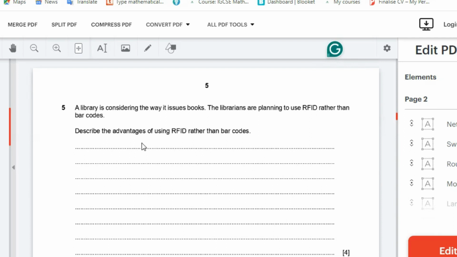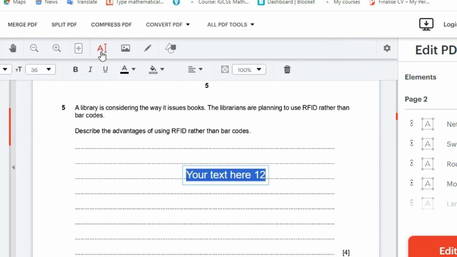All right. So you are told to describe the advantages of using RFID rather than barcodes. So at least you must have 4 here, because you are going to get 5 marks. So at least let's have 4.